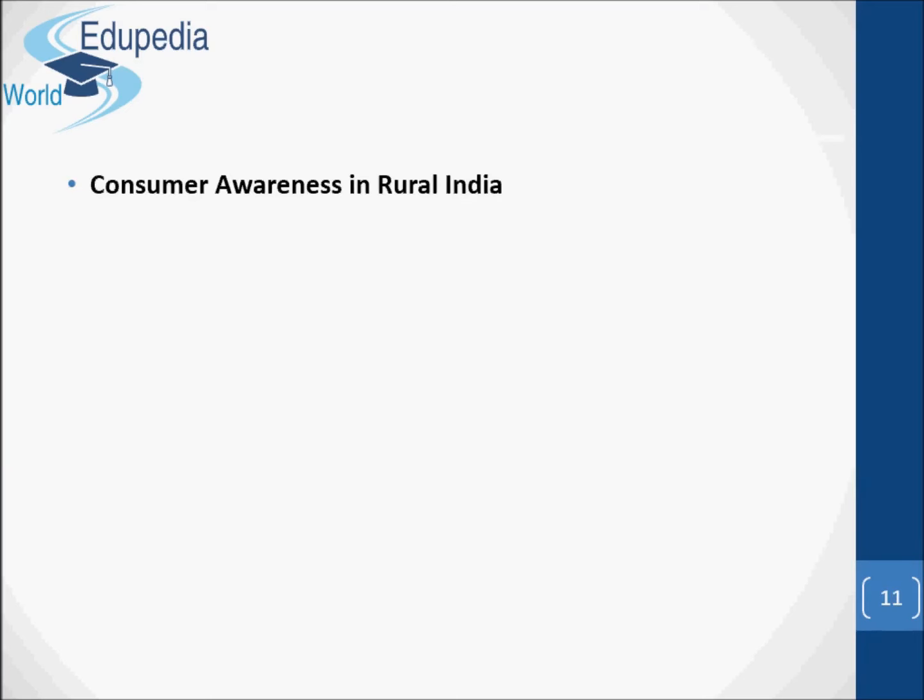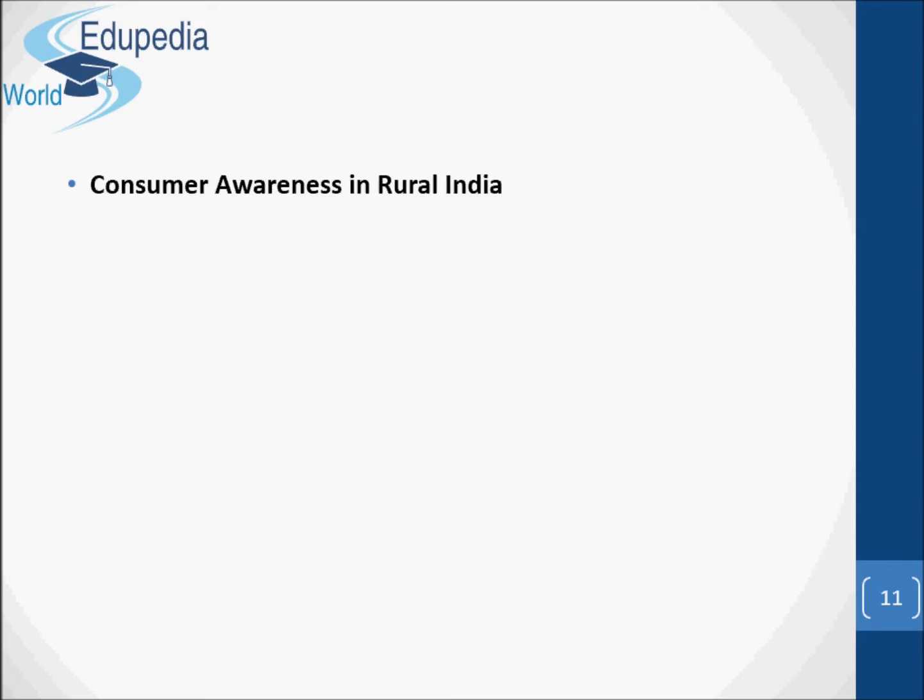On account of globalization and liberalization, and an increase in the middle income and high income population in the villages, our rural markets are also expanding. So companies are reaching our rural markets with their products as well. But rural consumers in India are generally ignorant and illiterate, so they are exploited by manufacturers, traders, and service providers.